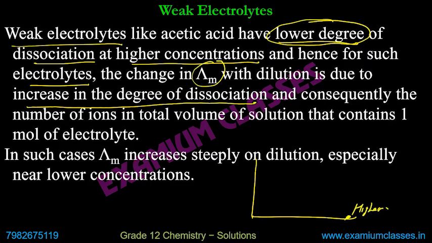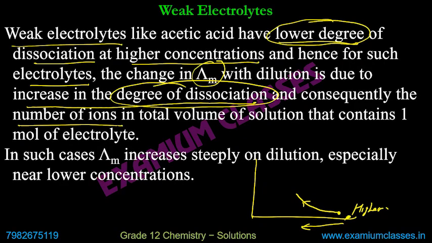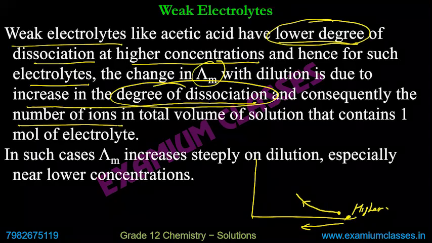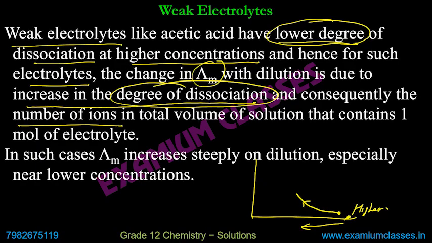If you decrease the concentration, the dissociation will increase and hence the number of ions will also increase. So the increase in conductivity is due to increase in degree of dissociation and consequently the number of ions. If alpha increases, there will be more number of ions, and more number of ions means the conductivity will increase.